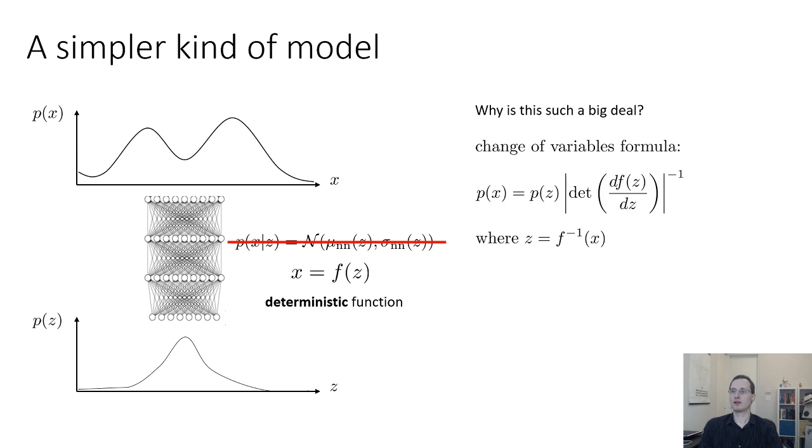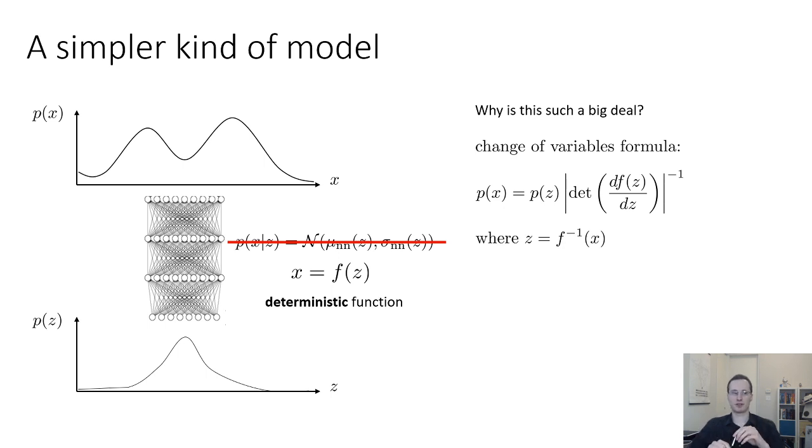The formula looks a little bit arbitrary, but intuitively what it means is that if you have some distribution over z, and z is transformed in a deterministic way to get x, then to get a density over x, all you have to do is modify the density over z by how much the volume changes according to f.